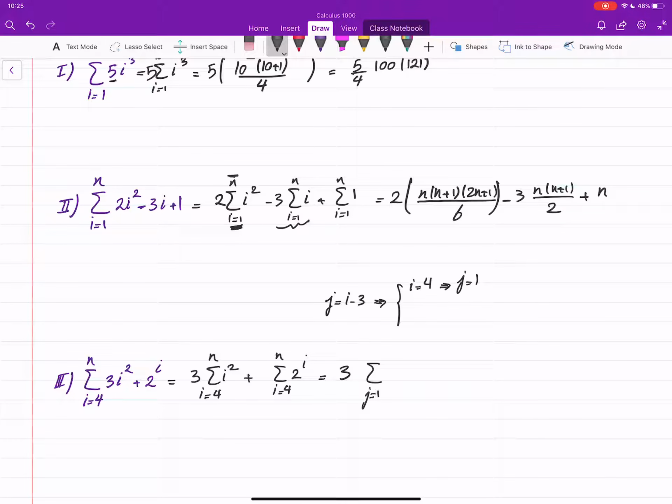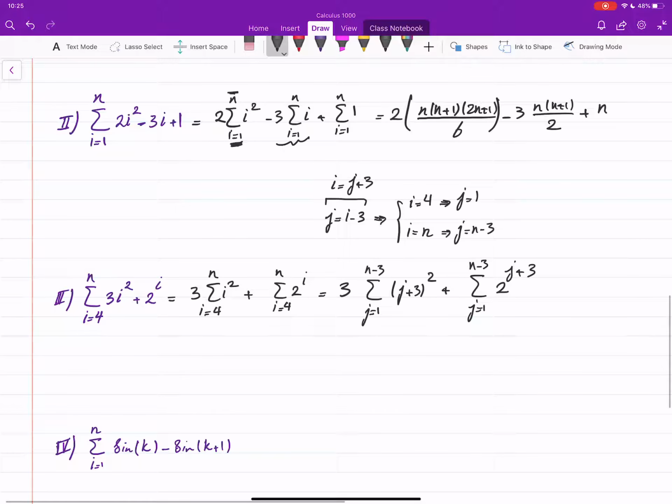And when i is n, then j will be n minus 3. And also, wherever you see i, you can write it as j plus 3. So here I will have the sum of j plus 3 squared, plus the sum of j going from 1 to n minus 3, 2 to the power, instead of i, we write j plus 3.